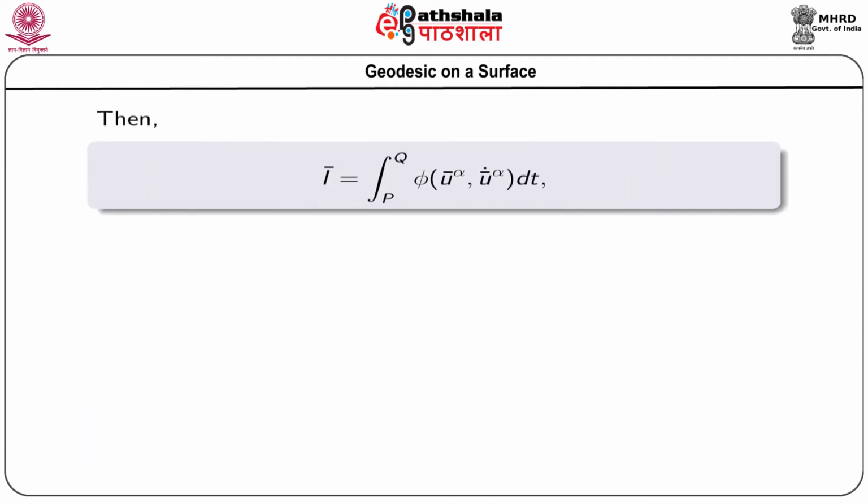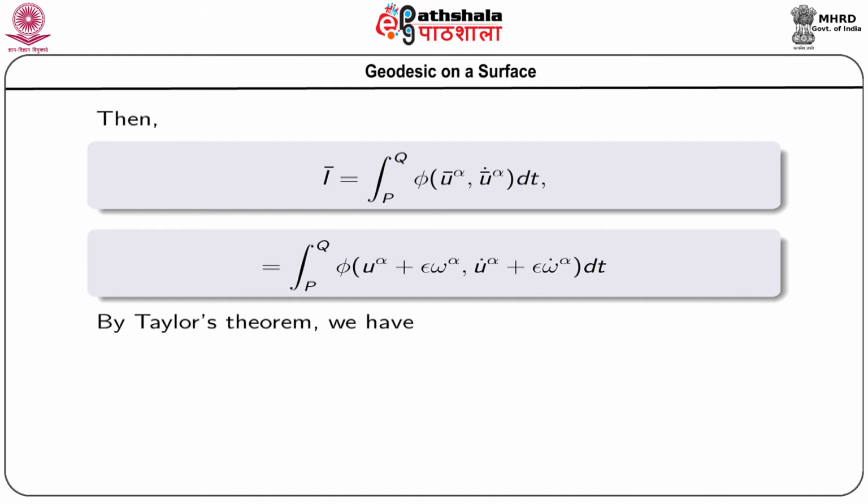Then I bar will be the integral from P to Q of φ(ū^α, ū̇^α) dt. Now, if we express the values of ū^α and ū̇^α, this becomes φ(u^α + ε ω^α, u̇^α + ε ω̇^α) dt, the integration between P and Q.